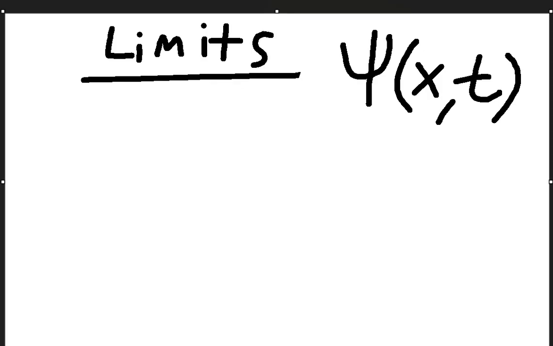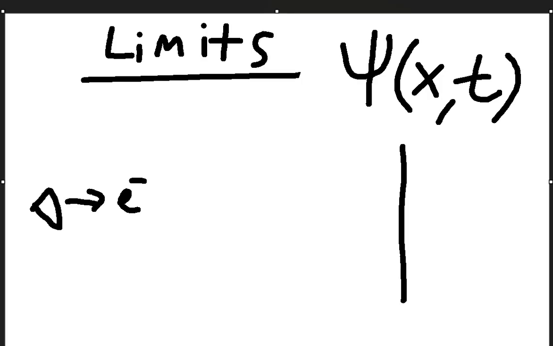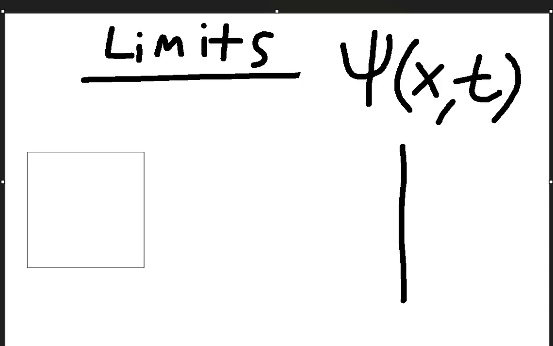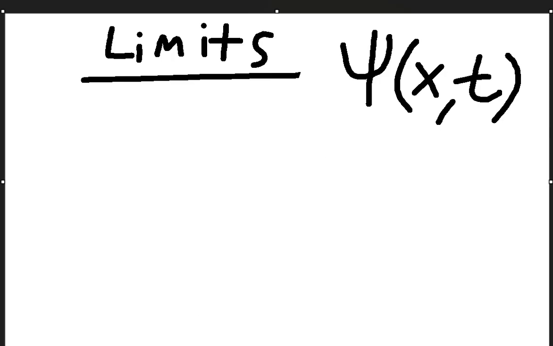But let's imagine something like a free particle. Say I have an electron gun that shoots an electron at a detection screen. Now we want a wave function to model this particle. And obviously it helps if you remember that wave functions are somewhat connected to the probability of finding the particle.